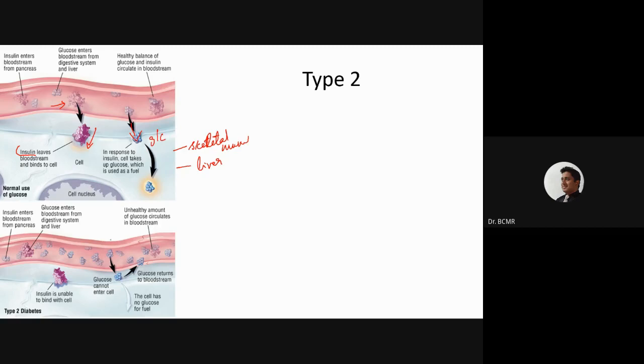But in type 2 diabetes, even though there is insulin produced, somehow the target cell is not stimulated to take up glucose. There could be several reasons. There could be inability of insulin to bind to the cell. Even if the insulin binds, there is inability to generate the response that should take up the glucose. Okay.